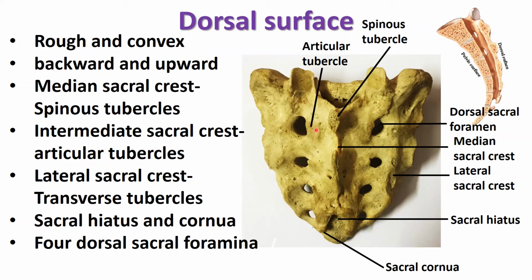Here you can see the projected part. These articular tubercles represent the articular processes of the vertebrae. So here the articular processes fuse and form another crest, the intermediate sacral crest.